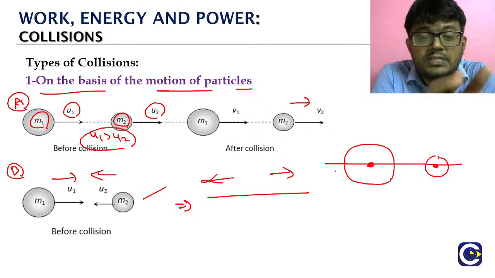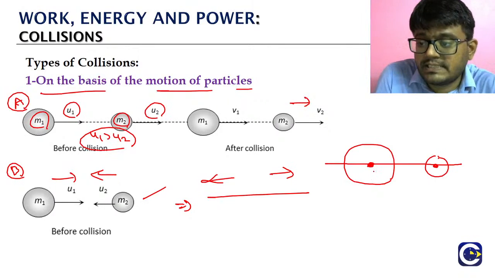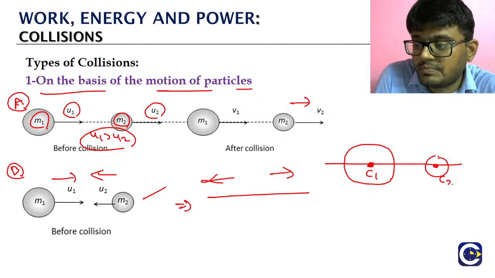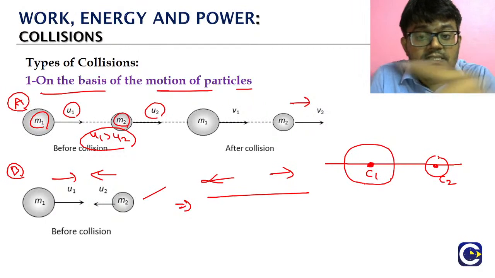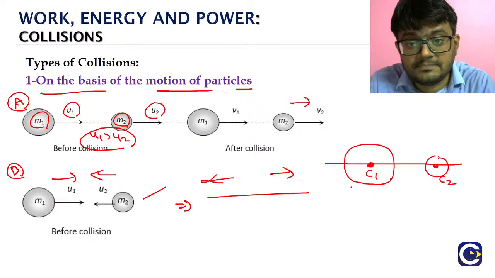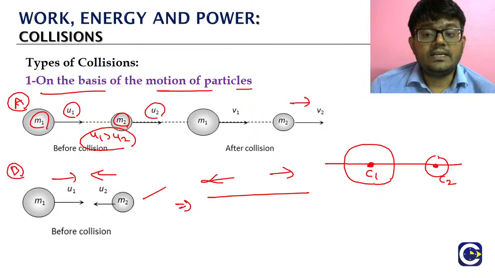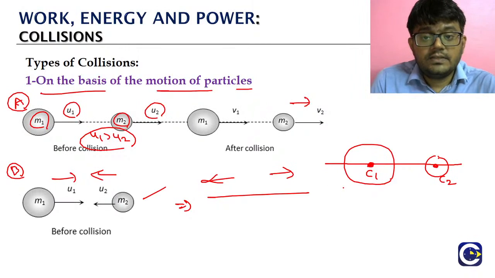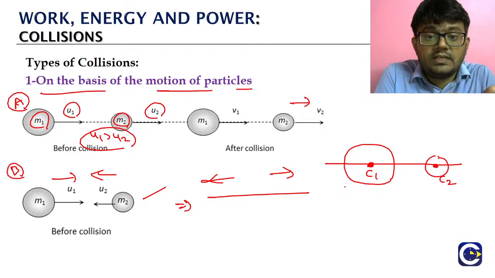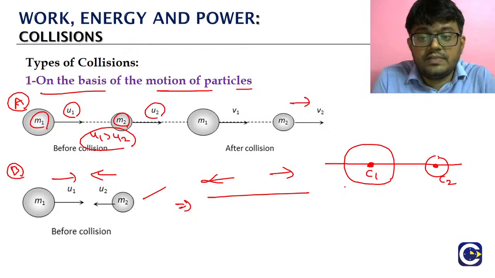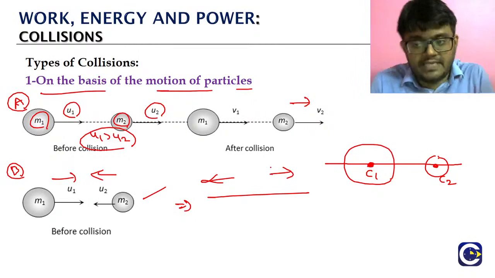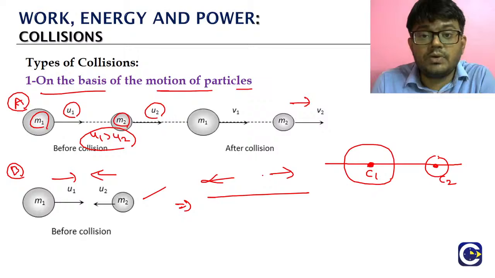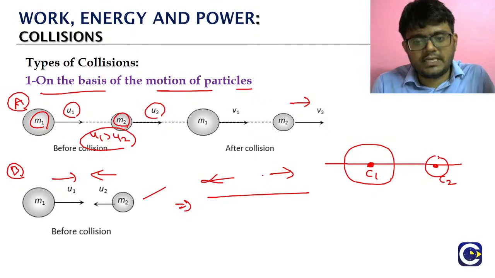This is the center of object 1, this is the center of object 2. Whatever the center line we see, the velocities will be along the same center line. If that is the case, then before the collision as well as after the collision, the velocity of the particles will be all confined to one line, and that is going to be the center line of the particles.